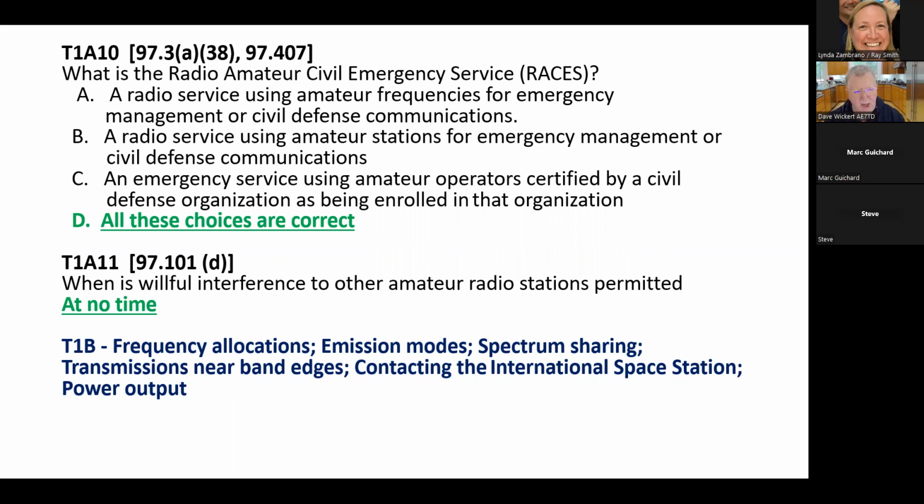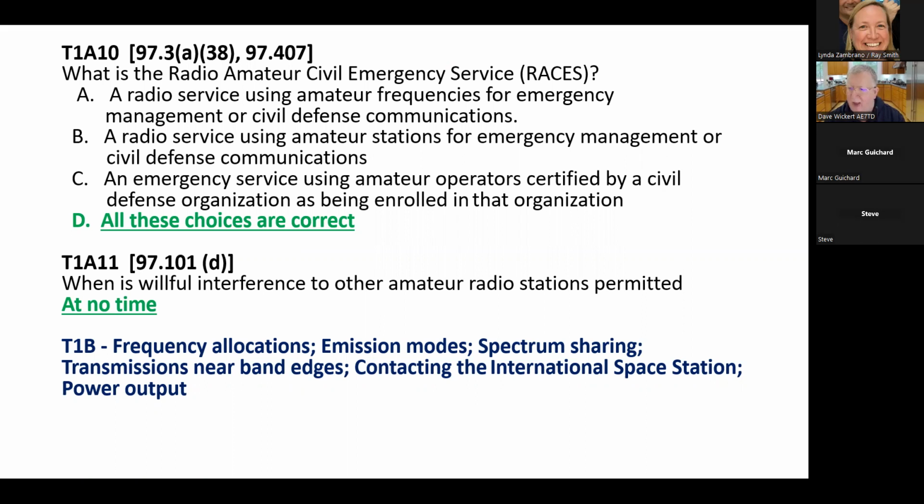All right. Next question. When is willful interference with other amateur radio stations permitted? It should surprise you that the answer is at no time. At no time is it valid for you to interfere with some other radio station.